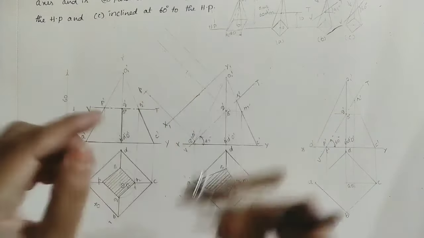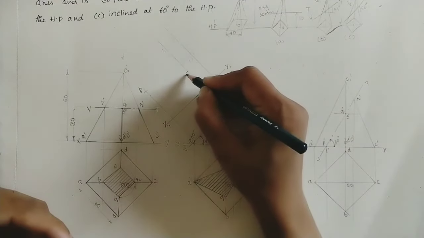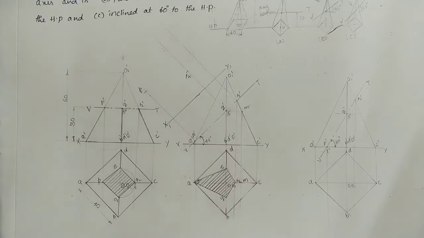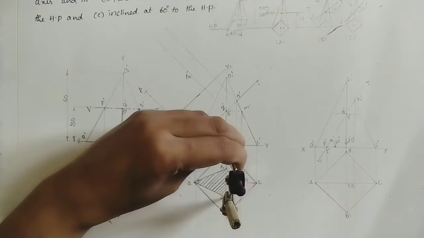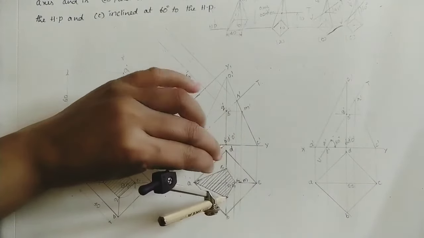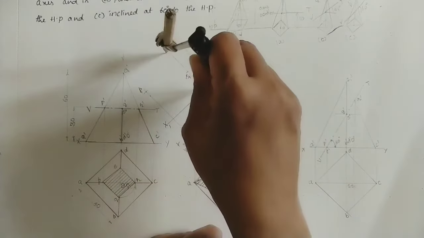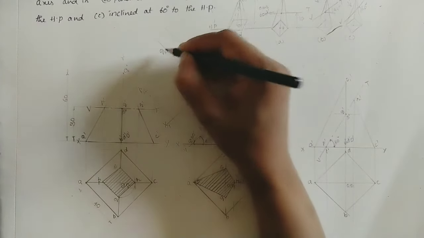Mark here S point. Instead of S, mark S1. Similarly, mark Q point also. Take this point as the center. Take the Q distance by using compass. Take the same length. Mark that point here. Take the intersection point, instead of Q, take Q1.